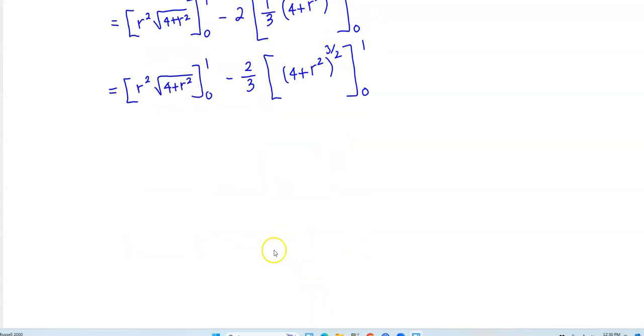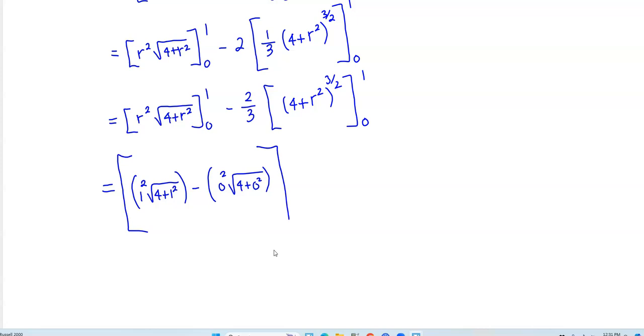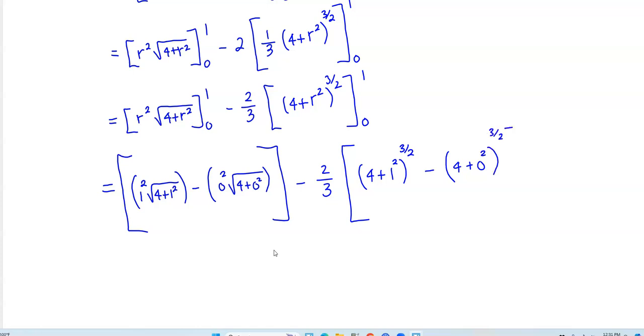So now let's go ahead and simplify. The very first one, we have 1 squared times the square root of 4 plus 1 squared, minus 0 squared times the square root of 4 plus 0 squared, minus 2/3 times 4 plus 1 squared to the 3/2 minus 4 plus 0 squared to the 3/2.